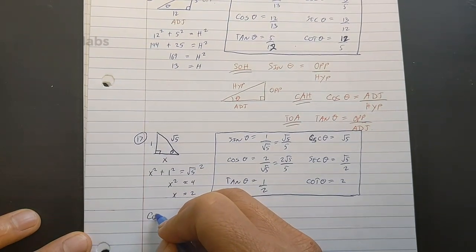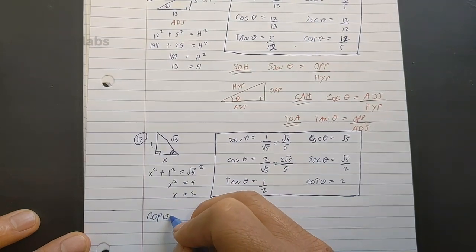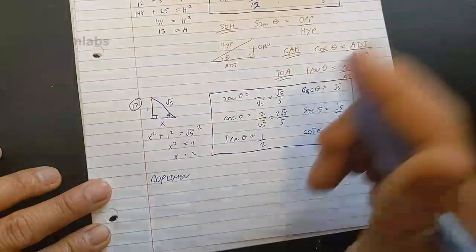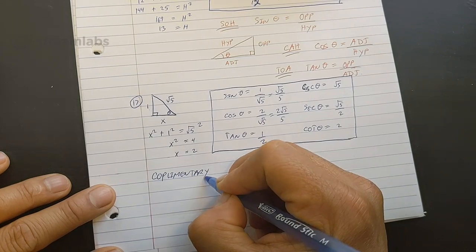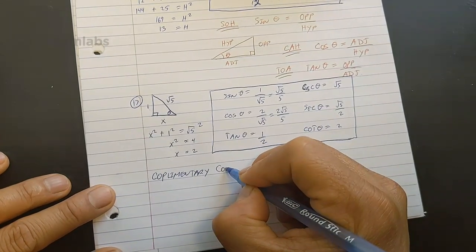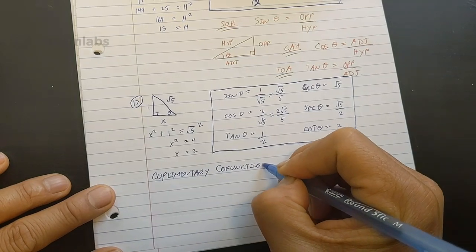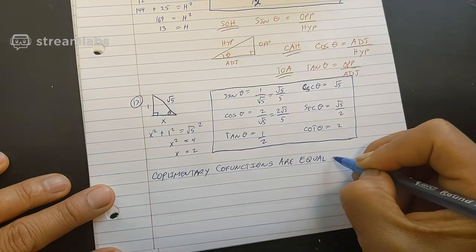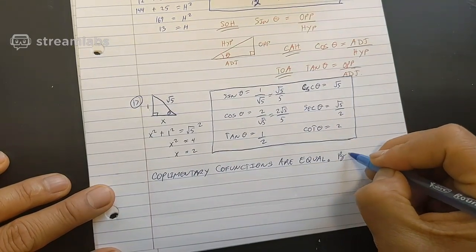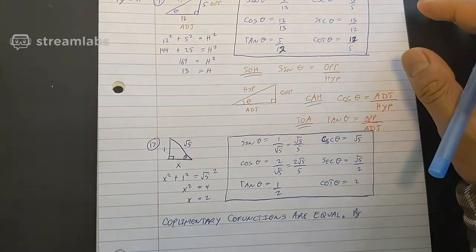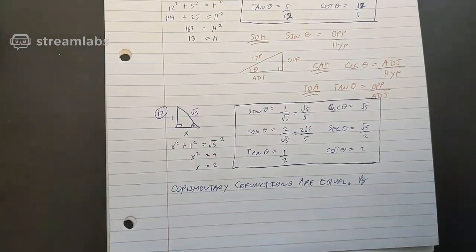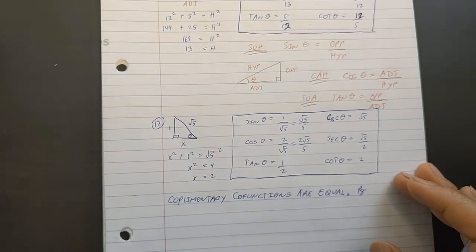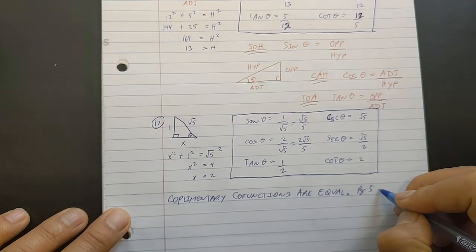All right, these are complementary cofunctions. Complementary cofunctions are equal. This can be found on page 525.